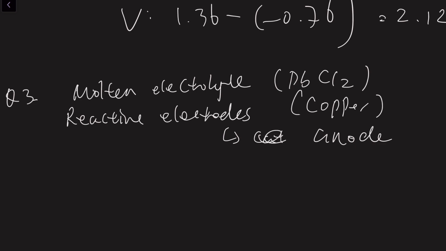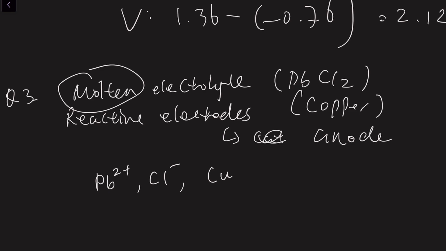So let's perhaps list the species present in our system. We have a molten electrolyte, so we don't have water present, which makes our job much easier. So we have lead ion, we also have chloride ion, we also have copper.